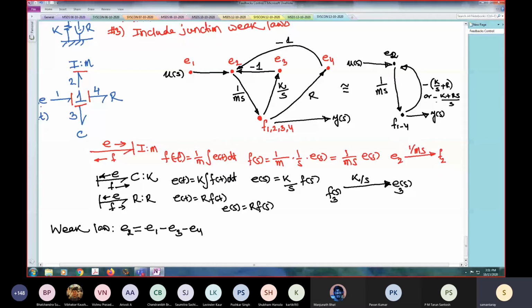So this is my reduced thing. I have input, I have output. So if I have this, I of course get the transfer function directly from this.